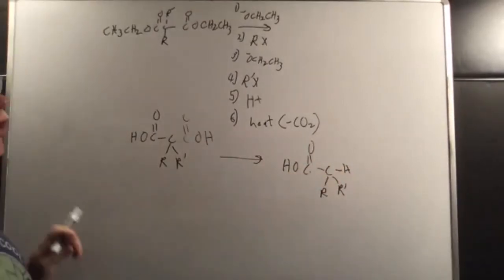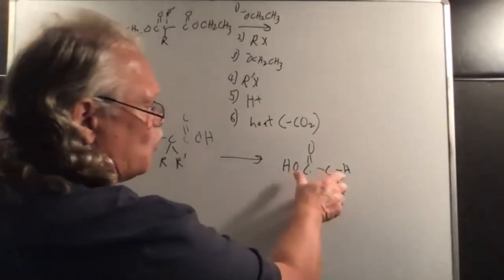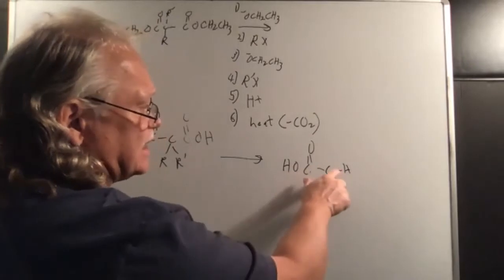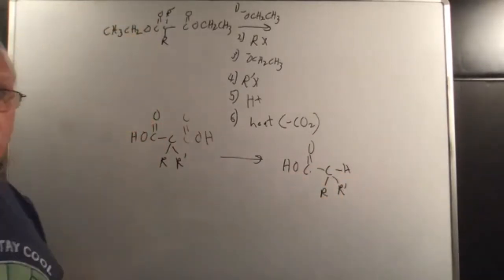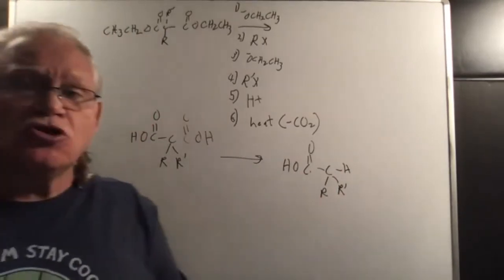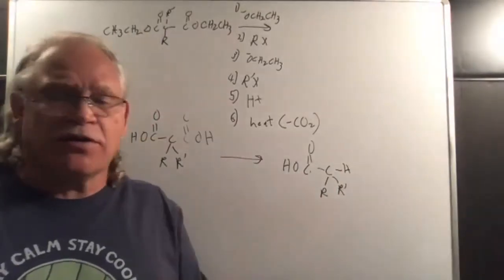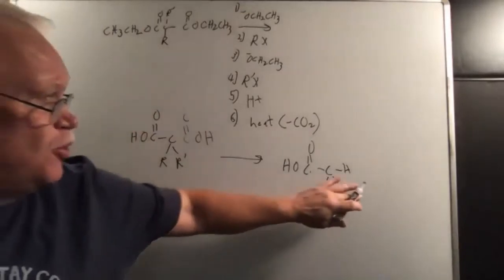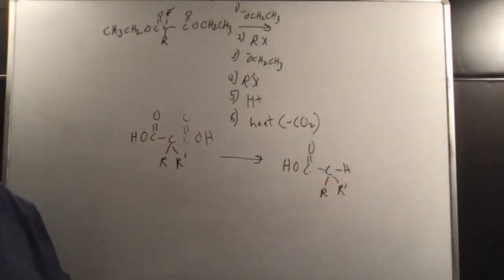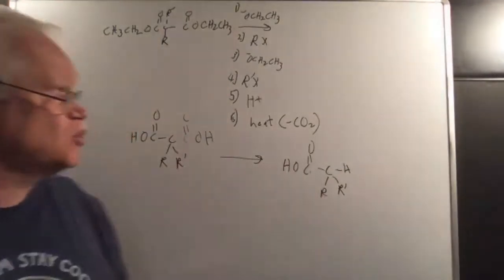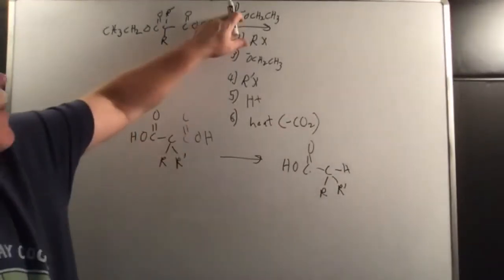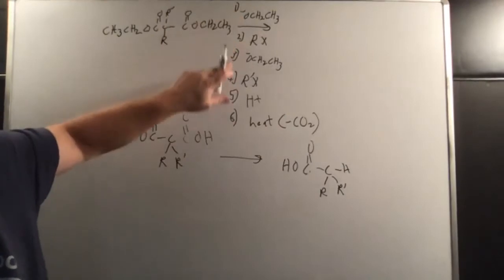That doesn't look that impressive, except what you've done is you've taken acetic acid and replaced 2 of the hydrogens with R groups. This allows you to make a whole series of compounds. You could put any 2 R groups on here. Now, before we go away from this reaction, notice what happened. Deprotonation, alkylation.